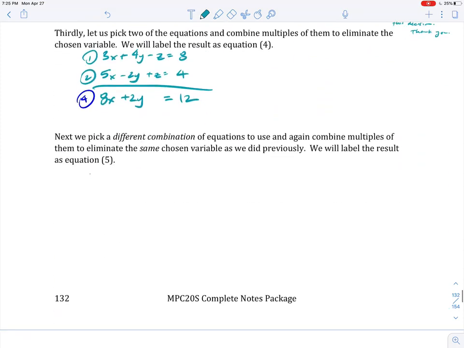Again, because these are already opposites, I think that's a good way to play things. So equation 1 is still 3x plus 4y minus z equals 8. And equation 3 is 2x minus 2y plus z is 1.